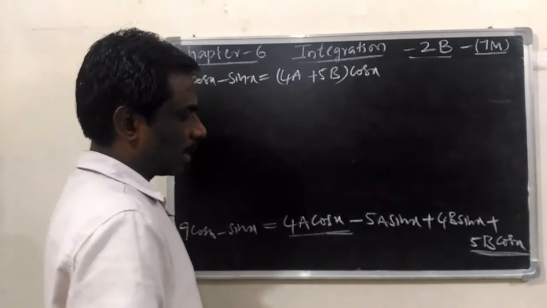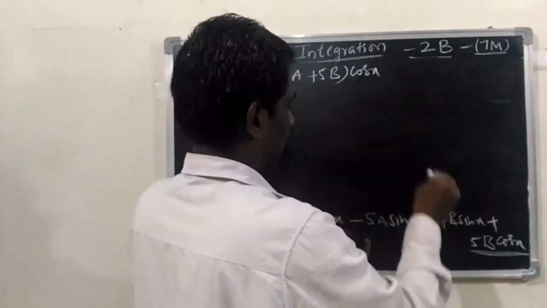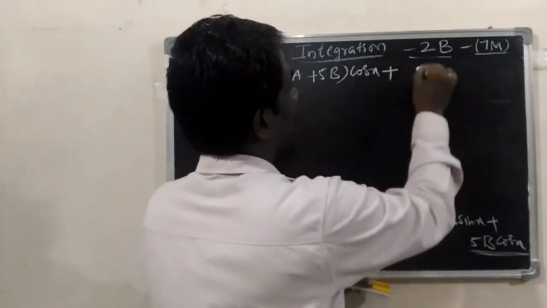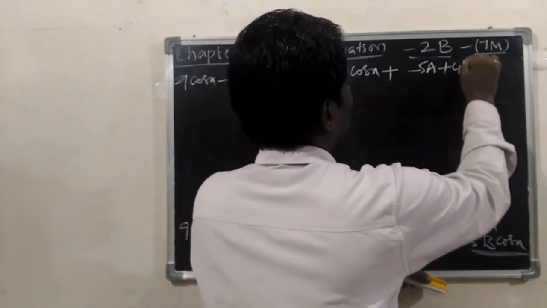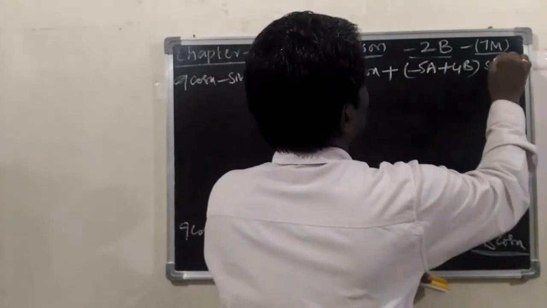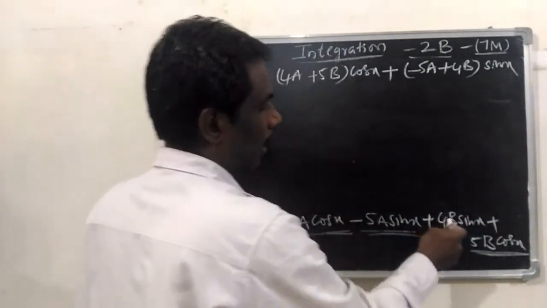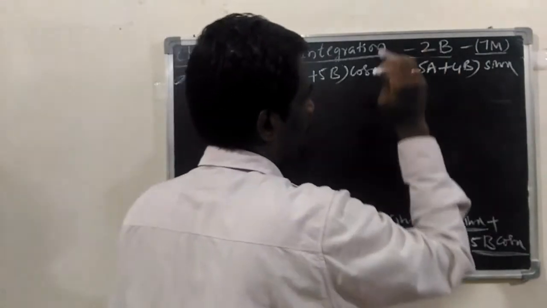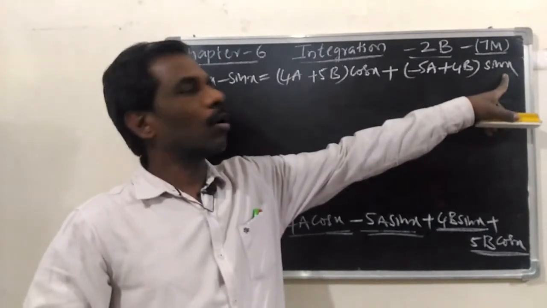Next simplify the sin x terms: minus 5a and here plus 4b, so (minus 5a plus 4b) sin x, taking sin x common.